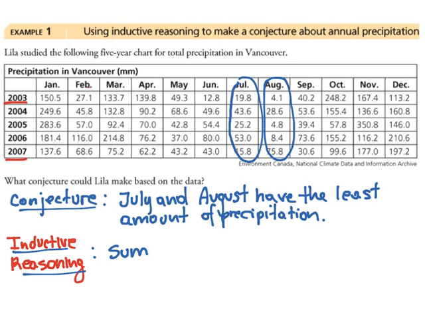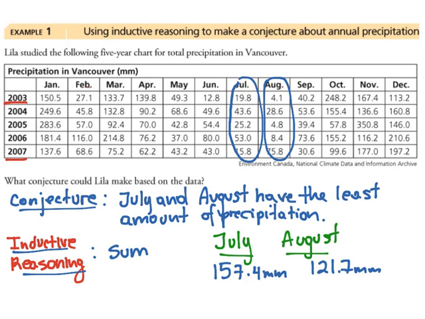So when you add all the numbers up for July and August, we will get 157.4 millimeters for July and 121.7 millimeters for August.